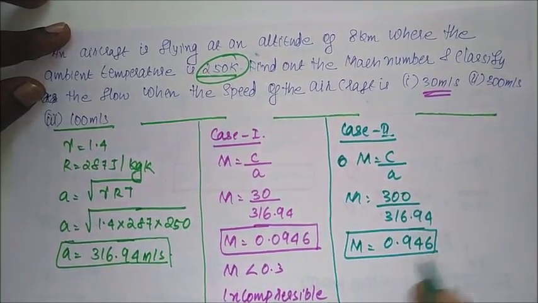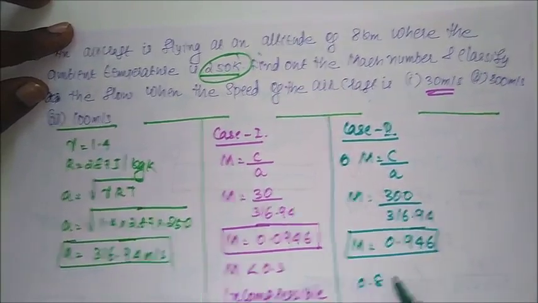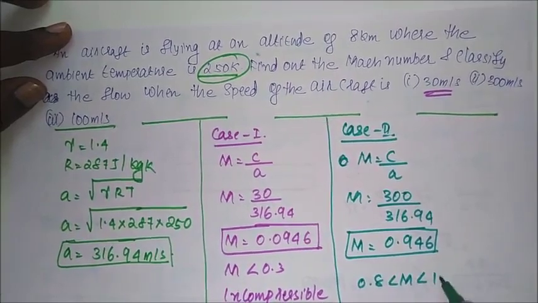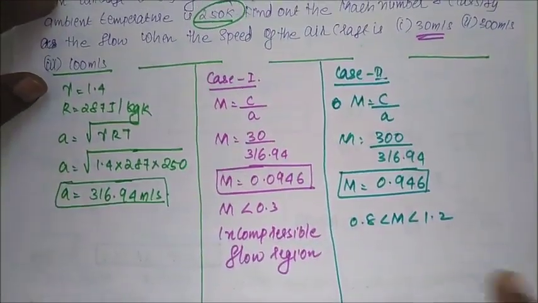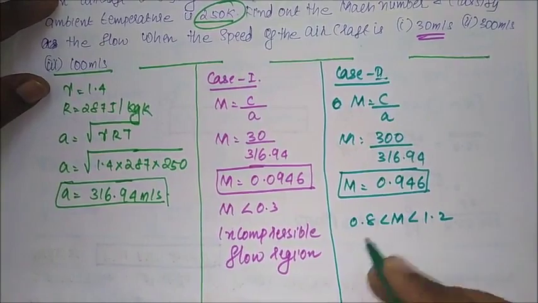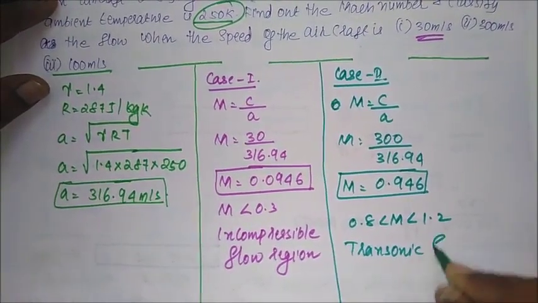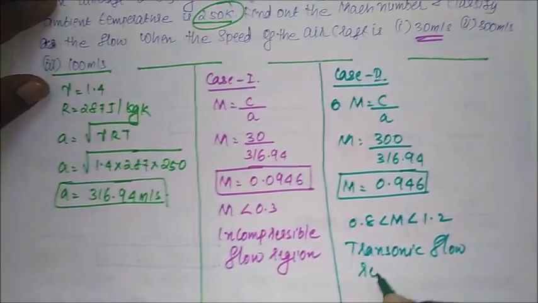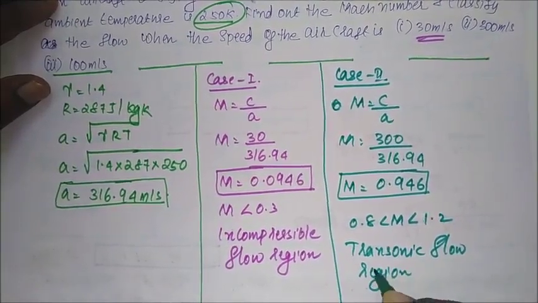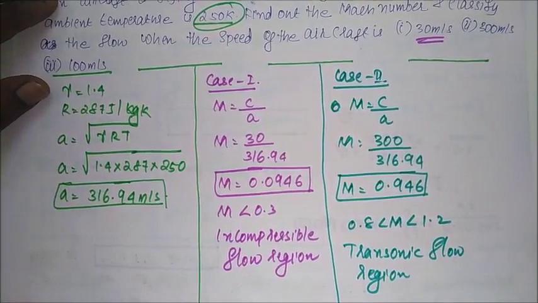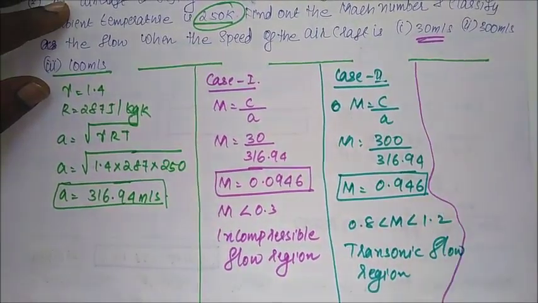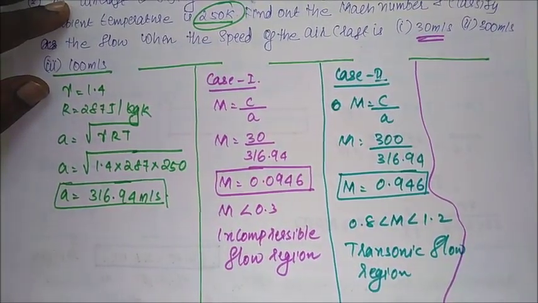We know that when the Mach number is between 0.8 and 1.2, it is the transonic flow region.